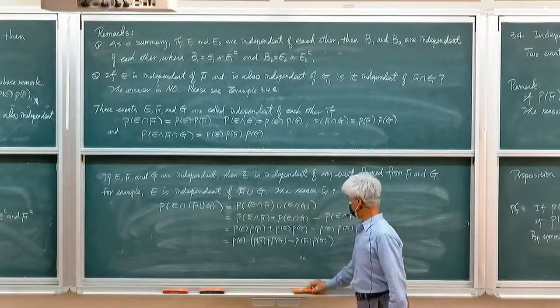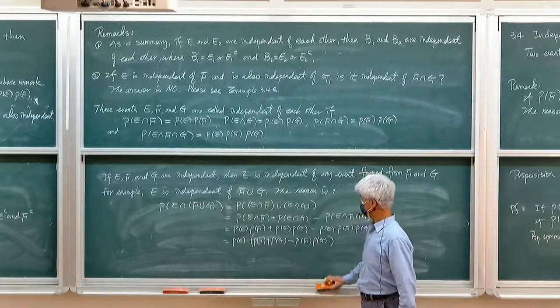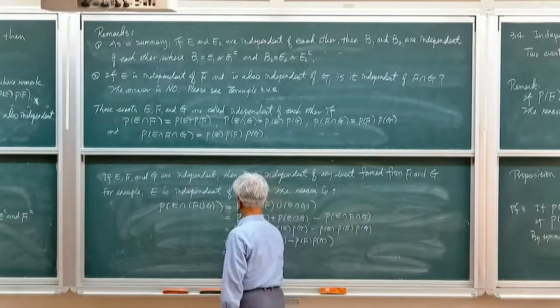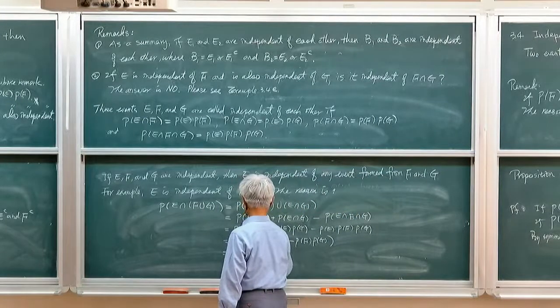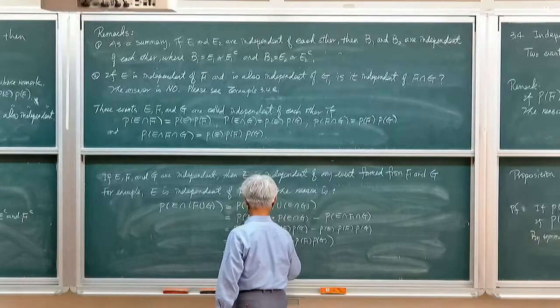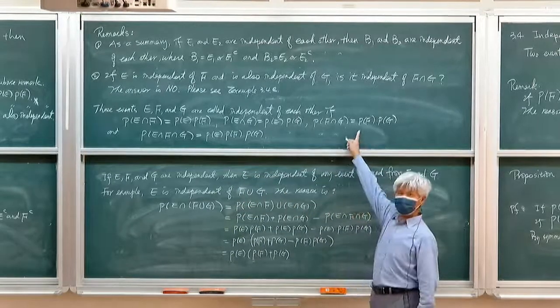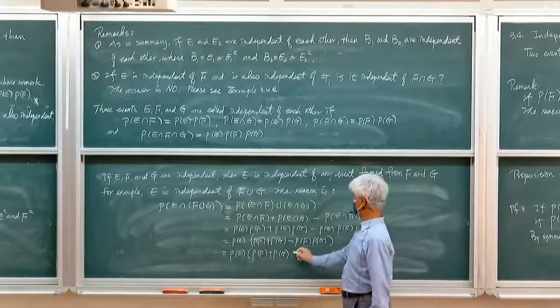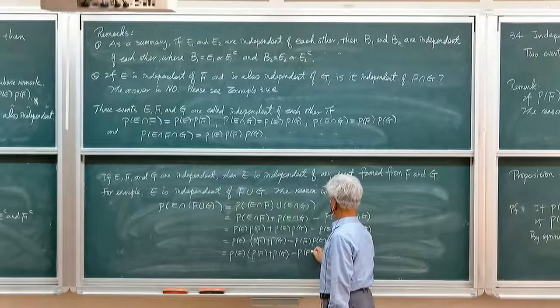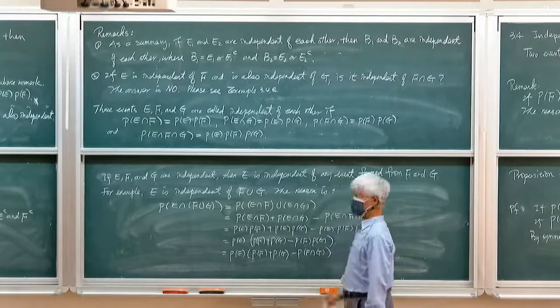Now, again, by the formula, because they are pairwise independent, this is minus P(F intersect G) here.